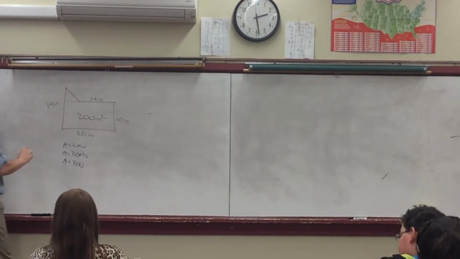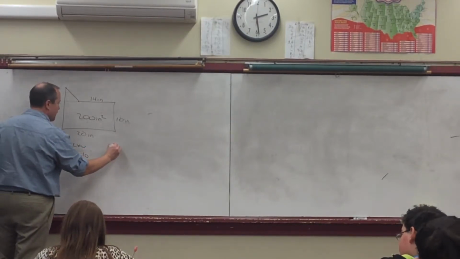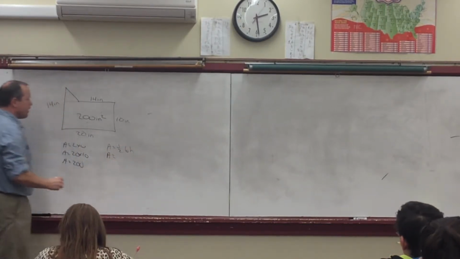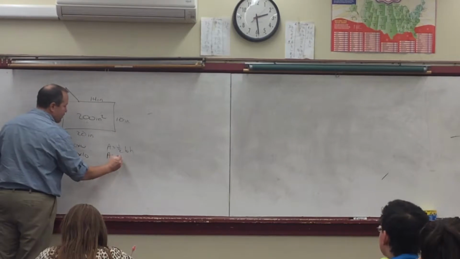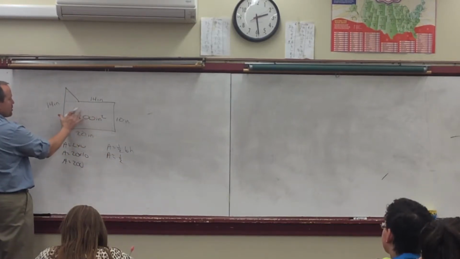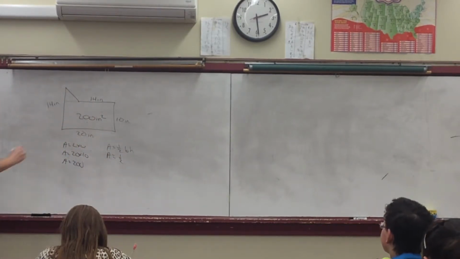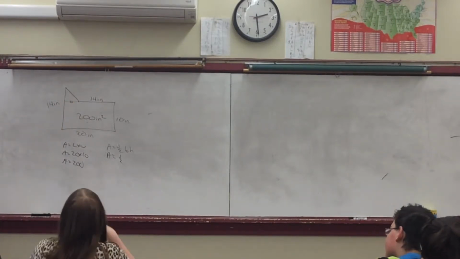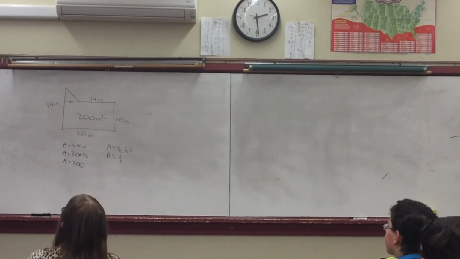Now, for the triangle, A equals 1/2 base times height. Looking at our shape, the base is going to be that. Now, how can we find out what the length of that base is?